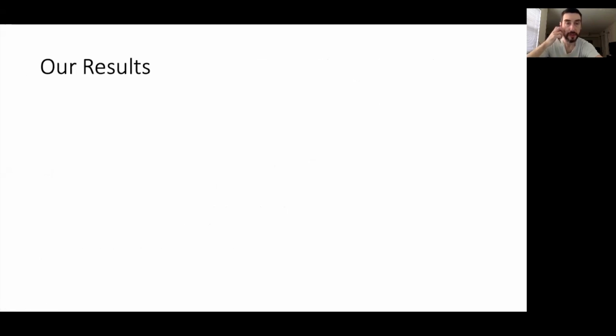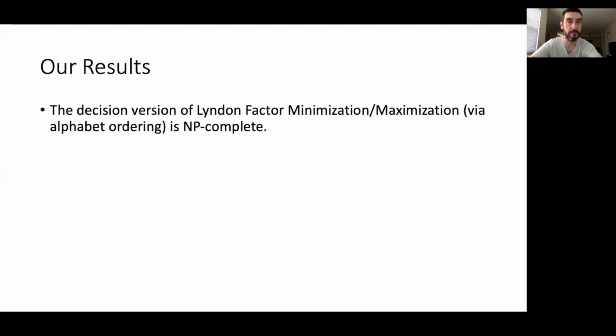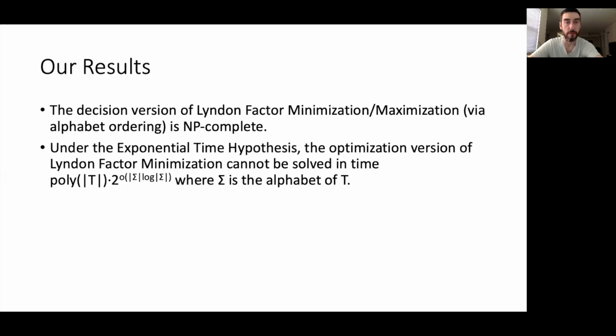So what can we say about this problem of finding an alphabet ordering which minimizes or maximizes the number of factors? First, we're going to show that the problem is NP-complete, so it's a hard problem. But more than that, under the commonly used exponential time hypothesis it can't be solved significantly faster than sigma factorial, where sigma is the size of the alphabet.